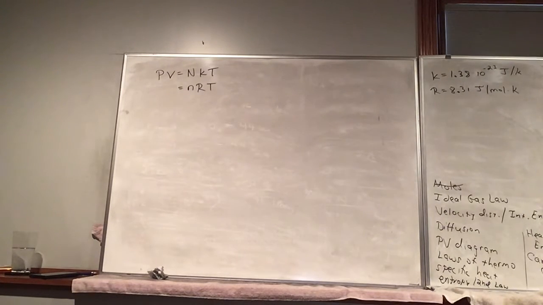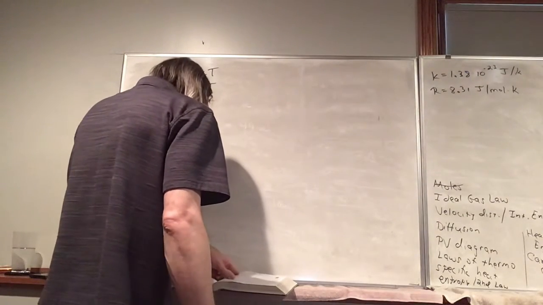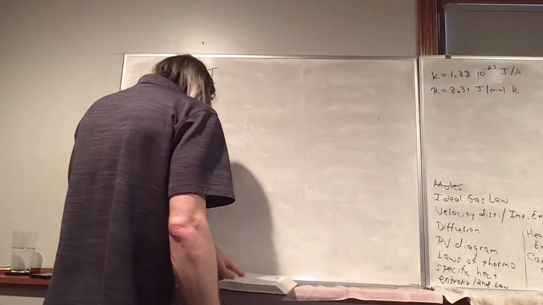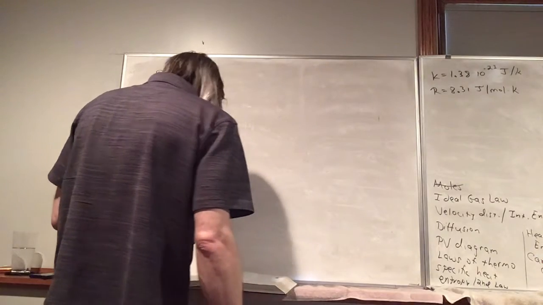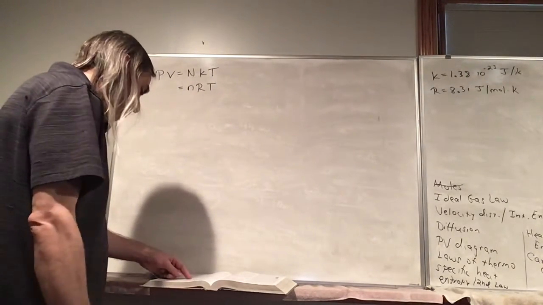So you just use whichever one is more convenient for whatever problem you're looking at. So I'm just going to see if I can find a quick problem involving moles, or the ideal gas law. Just pick a problem out of the book. Let's see. Very straightforward one.